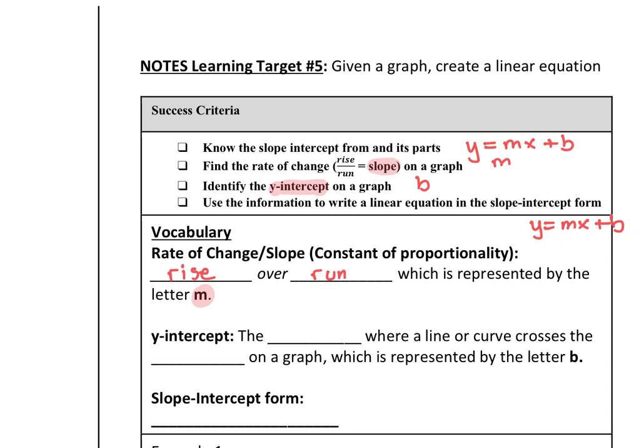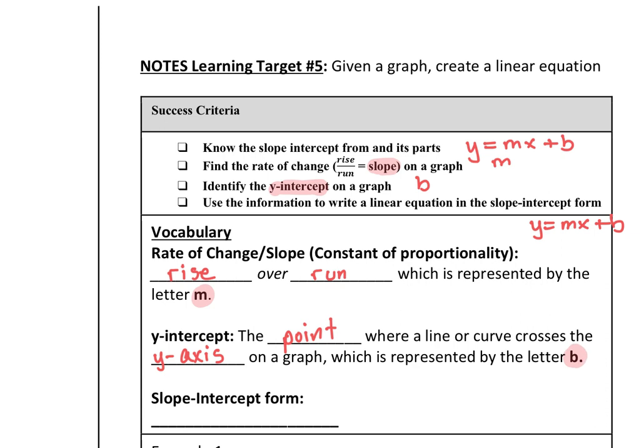The new part today is the y-intercept. So that is the point where a line or curve crosses the y-axis on a graph, which represents the letter b.